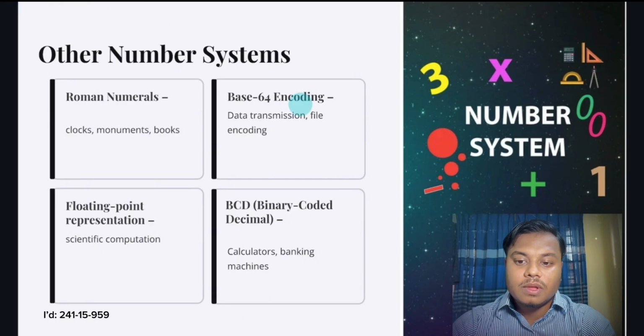And BCD, or binary coded decimal, used in calculators and financial devices for accurate decimal processing. In summary, different number systems exist because they serve different needs, some for human use, some for computers, and some for specialized tasks.